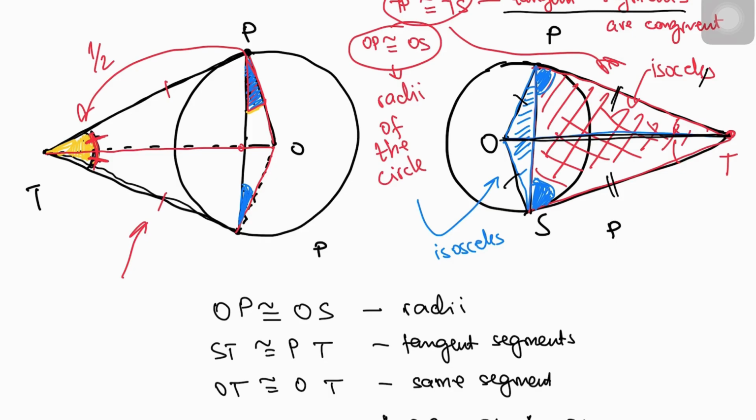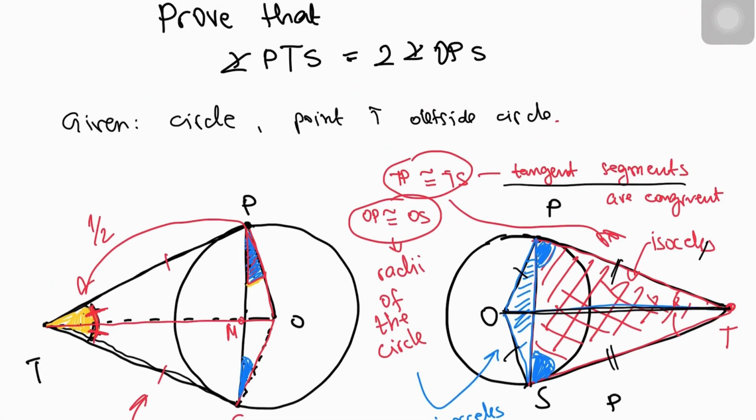Because in that case, the angle OPM is the same as the angle PTO or PTM, same angle, which is 1/2 of PTS, and that is what we need to prove.